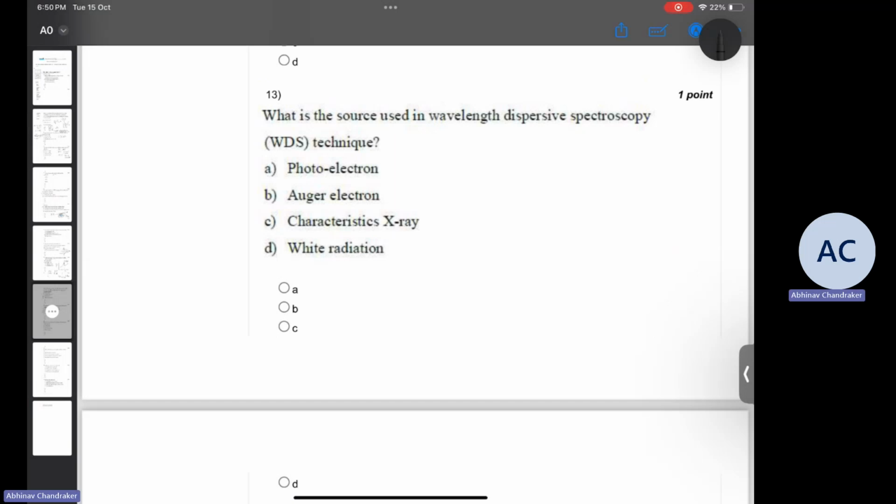In WDS, we have an incident beam of electrons.